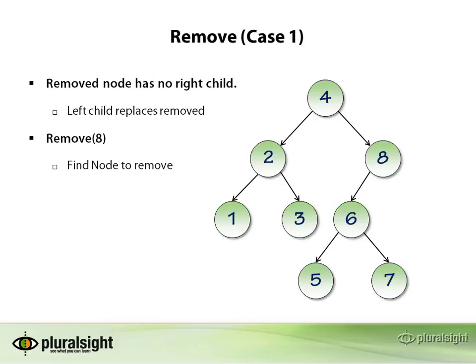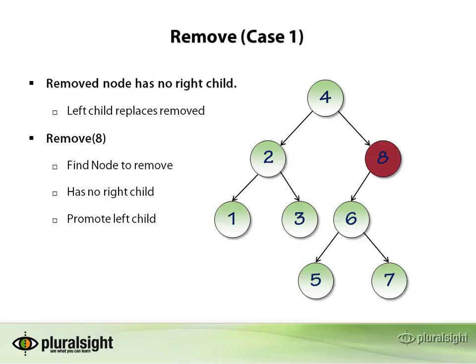So the first thing we do is we find the node to remove. The 4 is not it, 8 is larger, so we end up on the 8 node. Now the 8 node has no right child, so what we're going to do is promote its left child into its place.